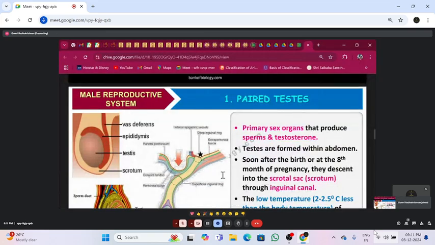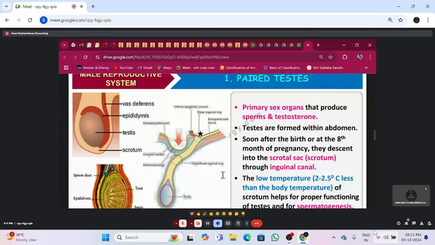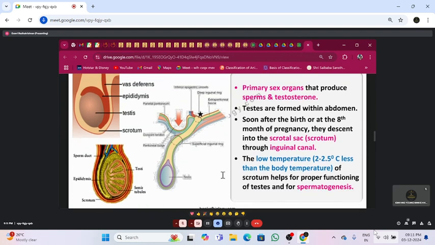The paired testis is a primary sex organ that produces sperm and testosterone. The testes are formed within the abdomen, and soon after birth or at the 8th month of pregnancy, they descend into the scrotal sac.